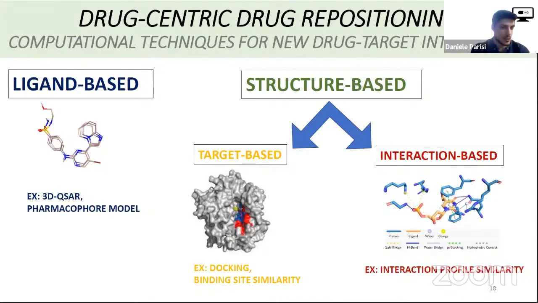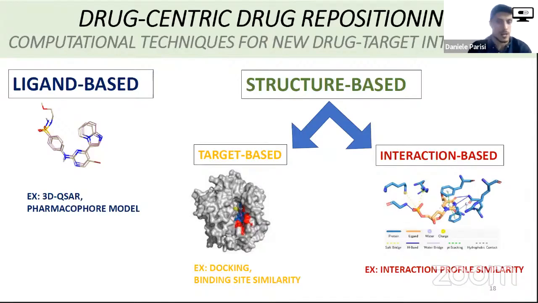An example is, of course, 3D QSAR or pharmacophore modeling. However, those techniques need a lot of different biologically active compounds for the same target that have to be superposed. And sometimes it's difficult with those techniques to get past the chemical class of specific drugs, which will always bias the prediction toward a specific class of drugs.